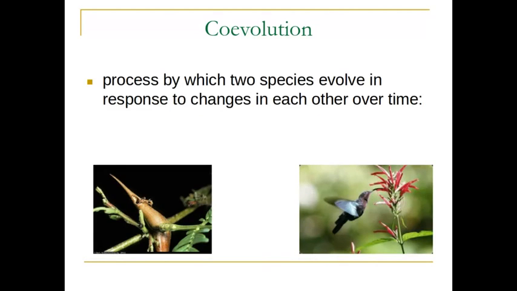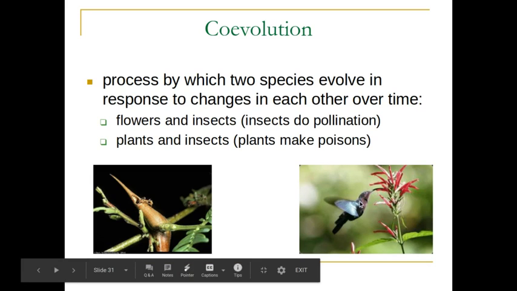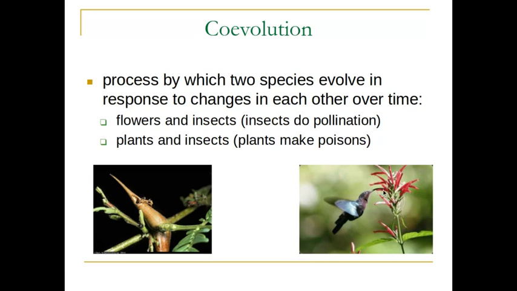Coevolution is the idea that organisms evolved in relationship to another organism. A great example of this is hummingbirds and flowers. They have evolved these long probing beaks to be able to reach into flowers to get nectar. And in doing so, those birds that had the longest, pointiest beaks were able to get more nectar.